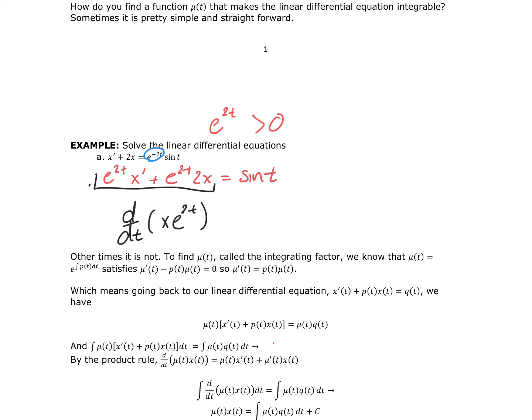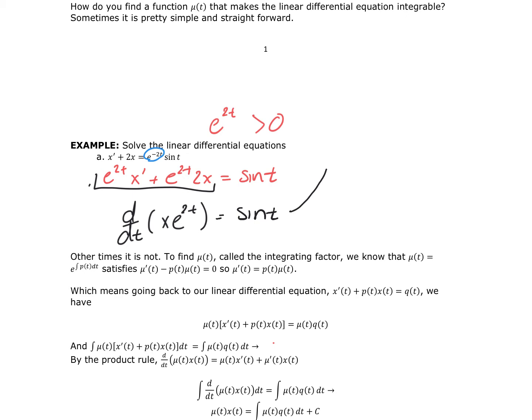Well, remember, when I take the derivative of x, that becomes x prime e to the 2t. When I take the derivative of e to the 2t, this is implicitly going to give me 2 e to the 2t multiplied by x. So that whole left side is d/dt of x e to the 2t, and this is equal to the sine of t.